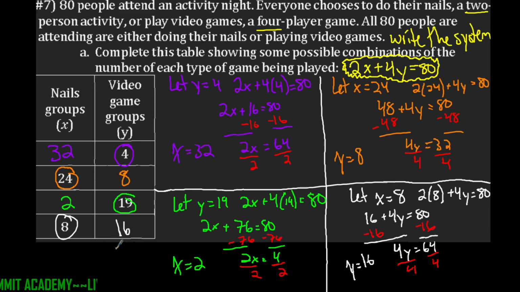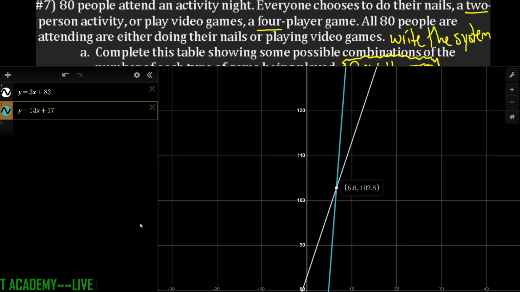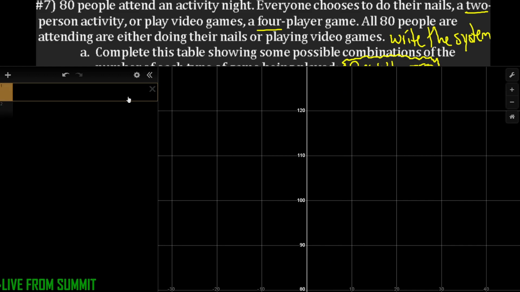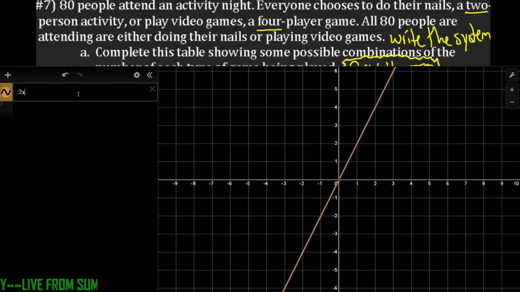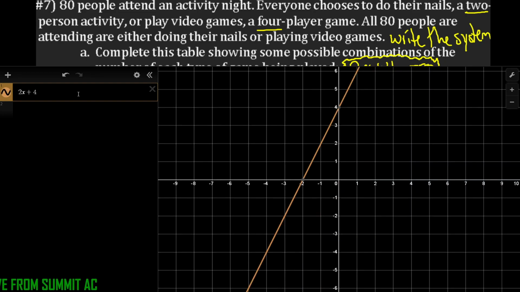So be able to solve them like this, or if you want to, you should be able to graph it out. So what I mean by that is this. Let me pull up our graphing calculator. Clear it out. We said our equation was 2x plus 4y equals 80.